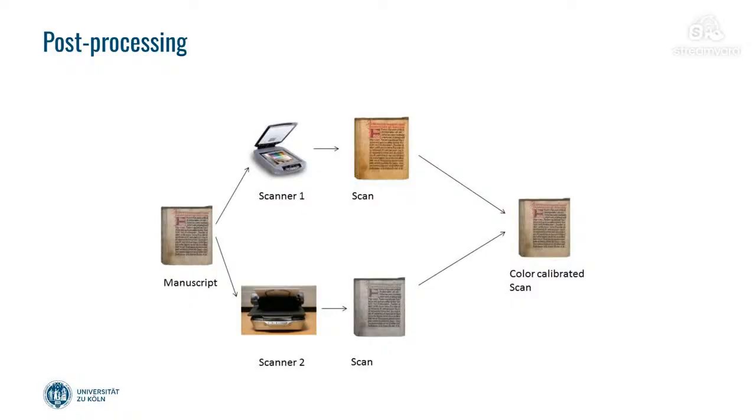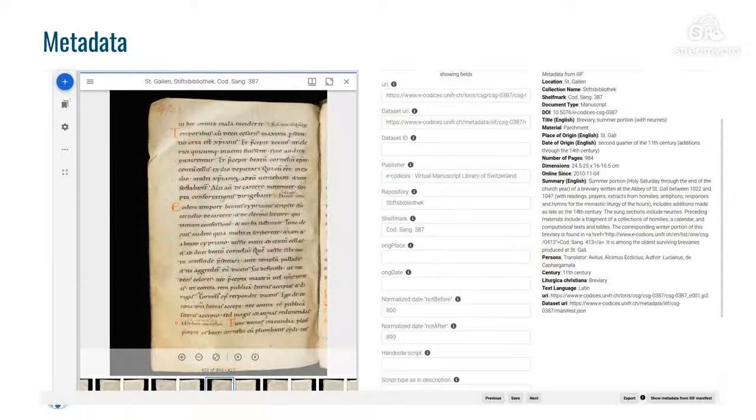So we calibrated them with the help of the color checker, and in the end, you receive images that contain the same color values. So it's always important to keep track of the tools and the date of digitization. And then, of course, you add the metadata, so the shelf mark and the pages, to the digital image. So you have to do some editing to put together the catalog data and the descriptive metadata and the images.